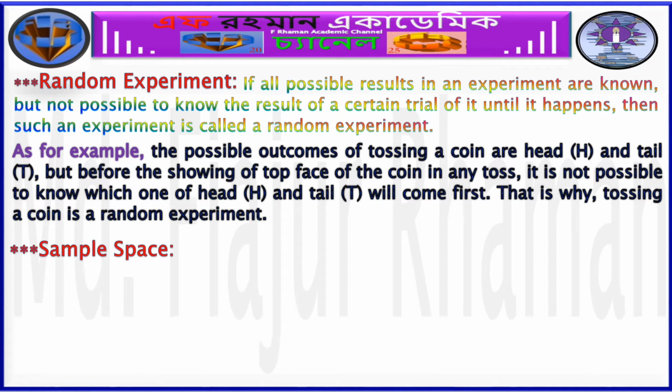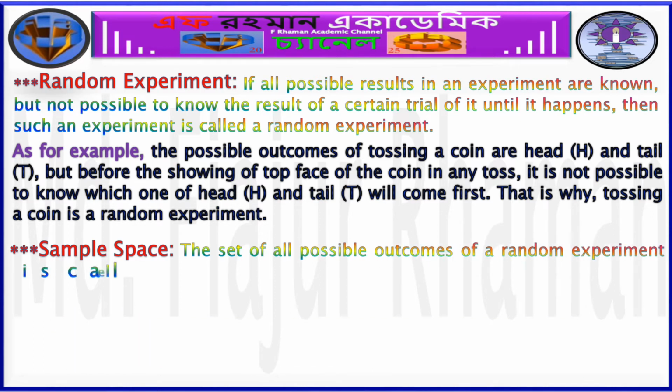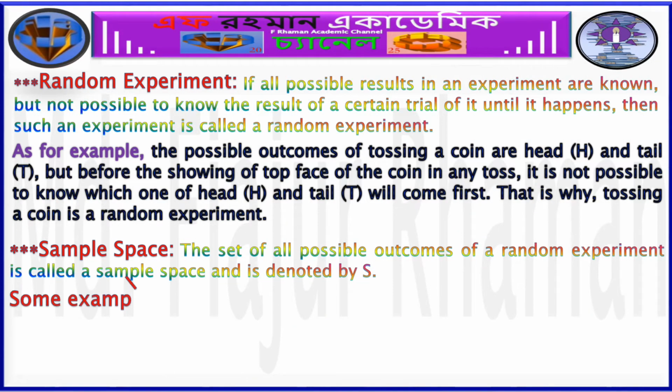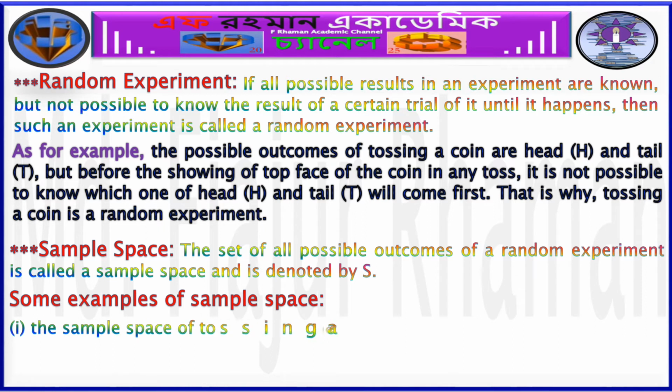Sample space. The set of all possible outcomes of a random experiment is called a sample space and is denoted by S. Some examples of sample space. Example 1. Sample space of tossing a coin is S equals the set {H, T}.